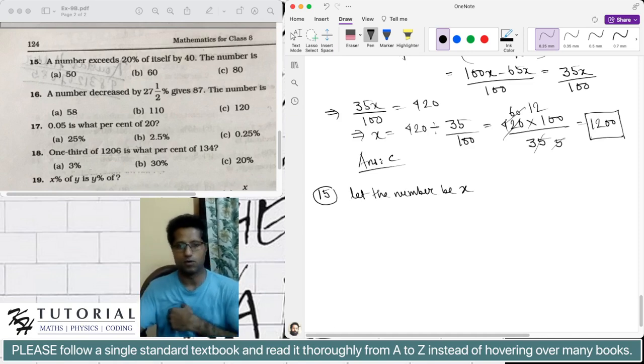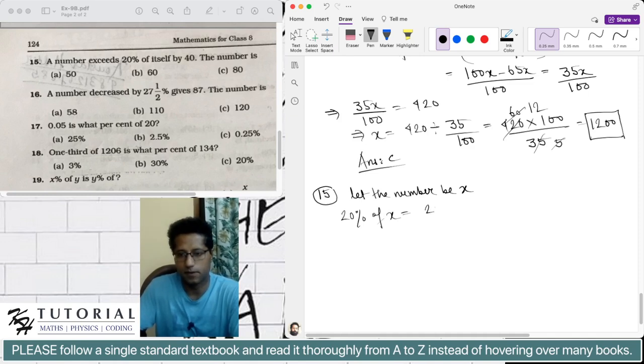Now it is very important to understand the problem carefully, that is what exact information the problem is giving. So it is saying that the number exceeds 20% of itself by 40. Now 20% of the number, that is x, is equal to 20 by 100 multiplied by x. If you simplify 20 by 100, it is 1 by 5. So this is x by 5. So this is 20% of the number.